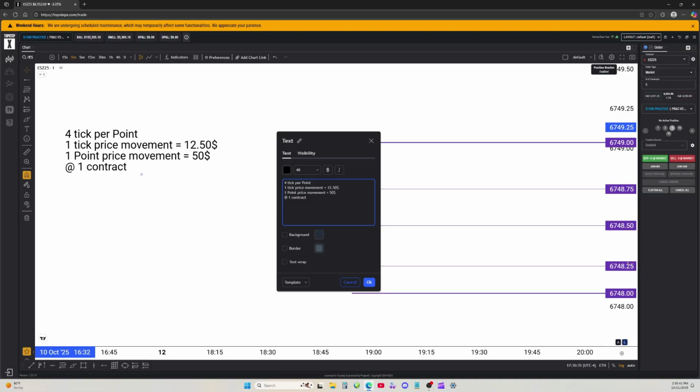It moves down to 48.25. It goes down a tick. Right? We just made $12.50 or lost $12.50, depending on if price went with you or against you. So if you buy at 48 and you sell at 49, the price just moved 1 point. Okay? Simple as that.